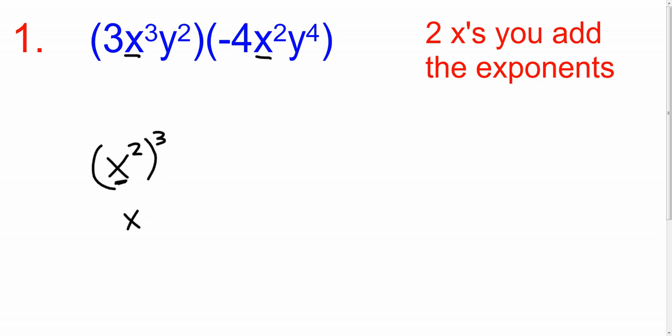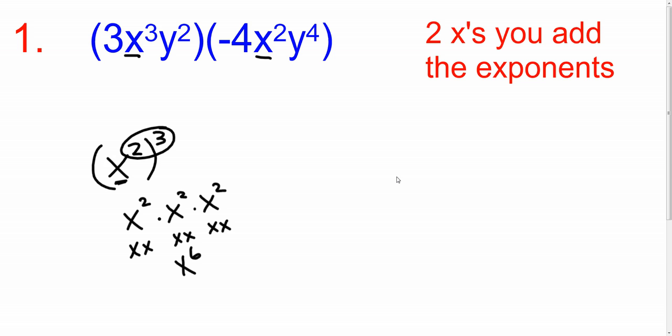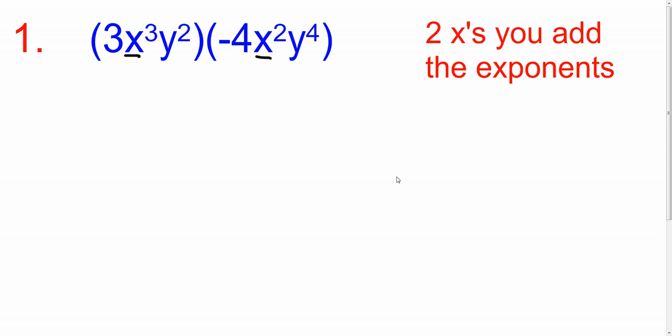If that's what you do, then x squared to the third power really means x squared times x squared times x squared, which then is x, x, x, x, x, x, and that becomes x to the sixth, okay? Shortcut would be to take those two exponents and multiply them. So when you're raising something to a power, you multiply them. When you're just multiplying two things, then you add the exponents.